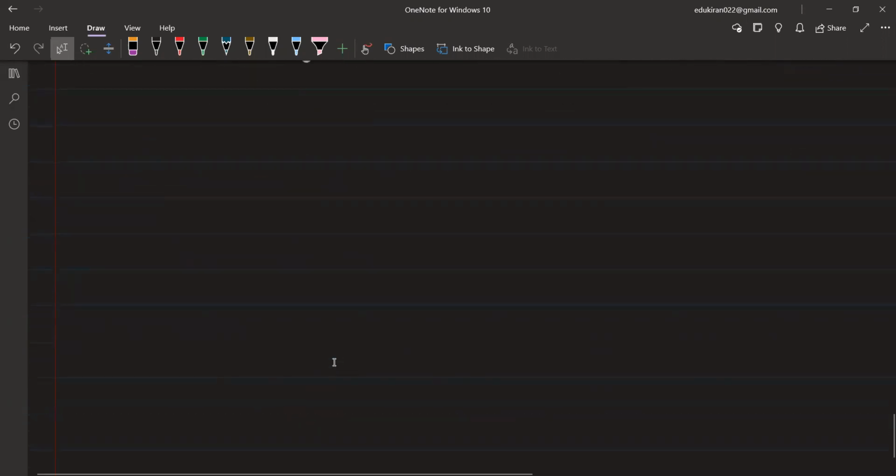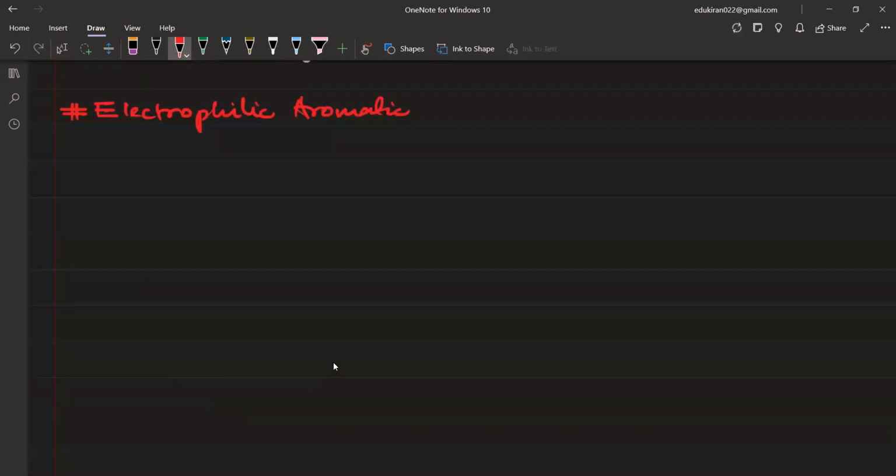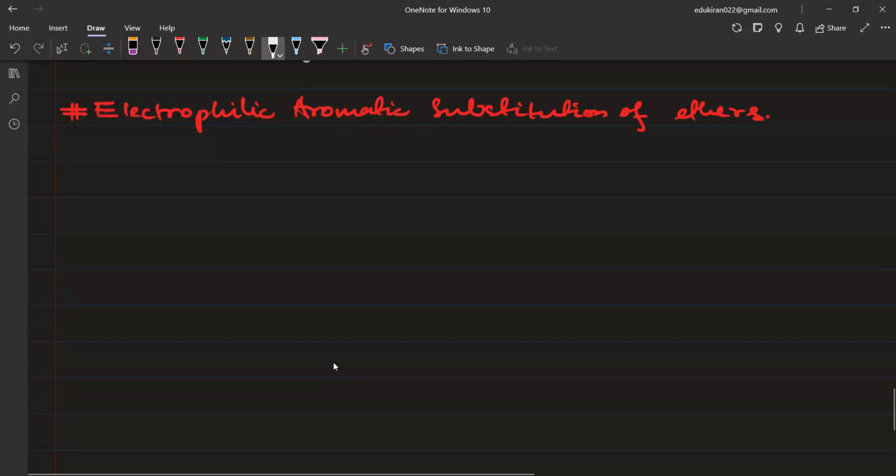Electrophilic aromatic substitution of ethers. In this, you will write the first point.